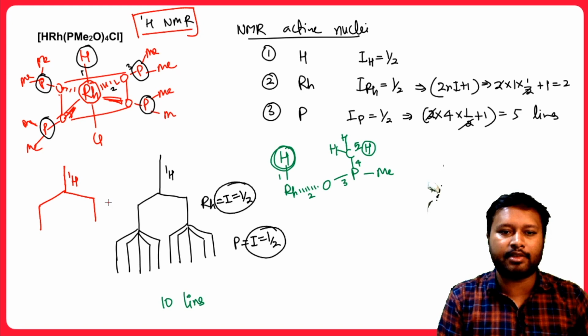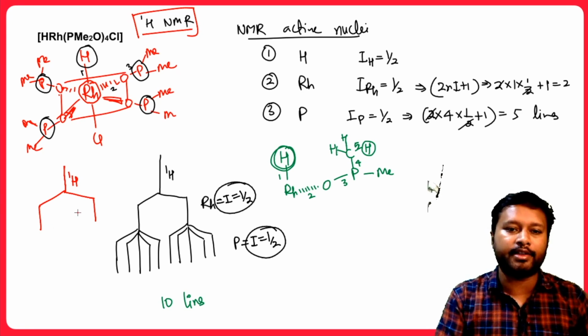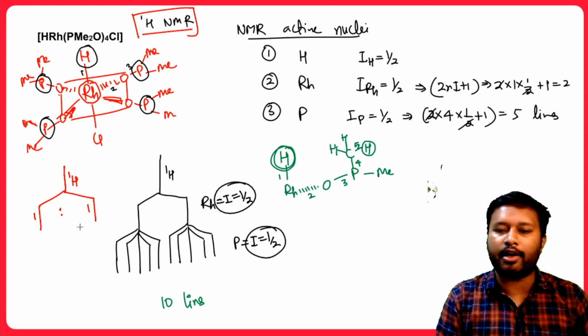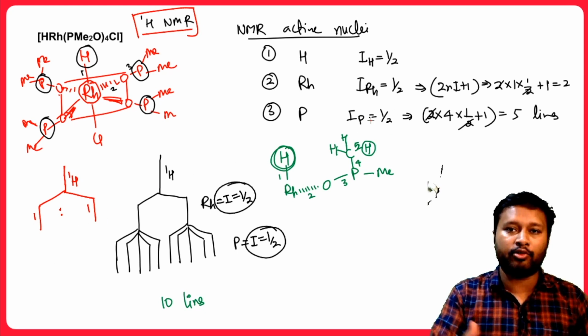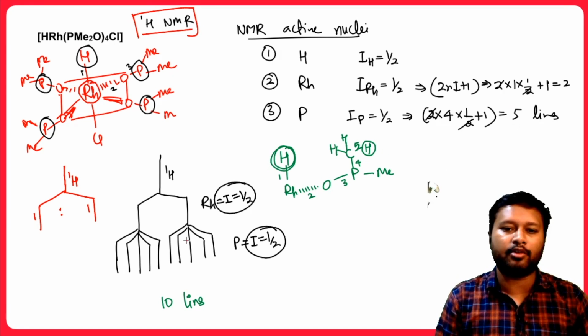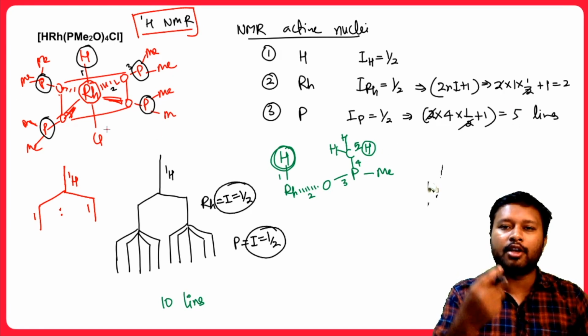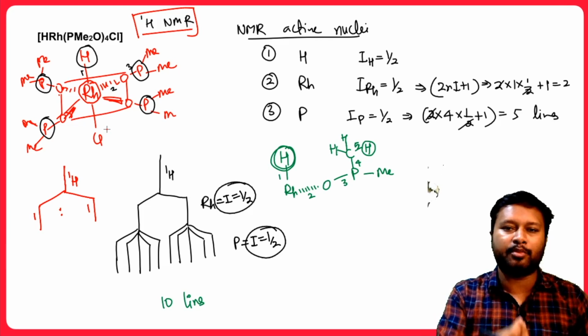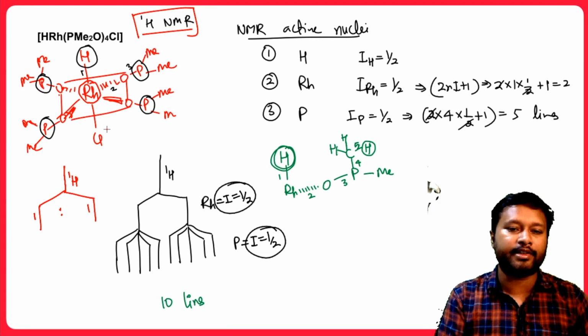Now what is going to be the spin multiplicity of these 2 lines? Of course 2, but what will be the intensity ratio of these 2? When we get 2 lines, their ratio is 1:1. Alright. Now both these lines are going to get further split into 5 lines because of the phosphorus present over there. So 4 phosphorus are going to cause splitting into 5 lines. We have discussed the same question in the previous video, so I'm not explaining why it's happening, but I'll talk about what the intensity will be.